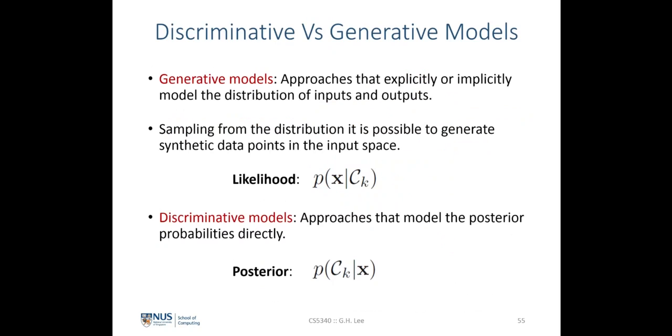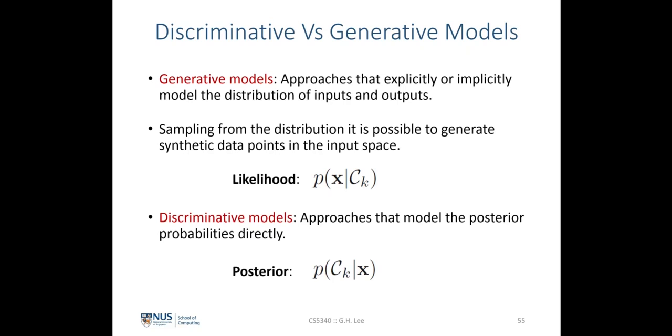So now let's talk about the difference between the discriminative and generative model. A generative model is an approach that explicitly or implicitly models the distributions of the inputs and outputs. Sampling from the distribution makes it possible to generate synthetic data points in the input space.